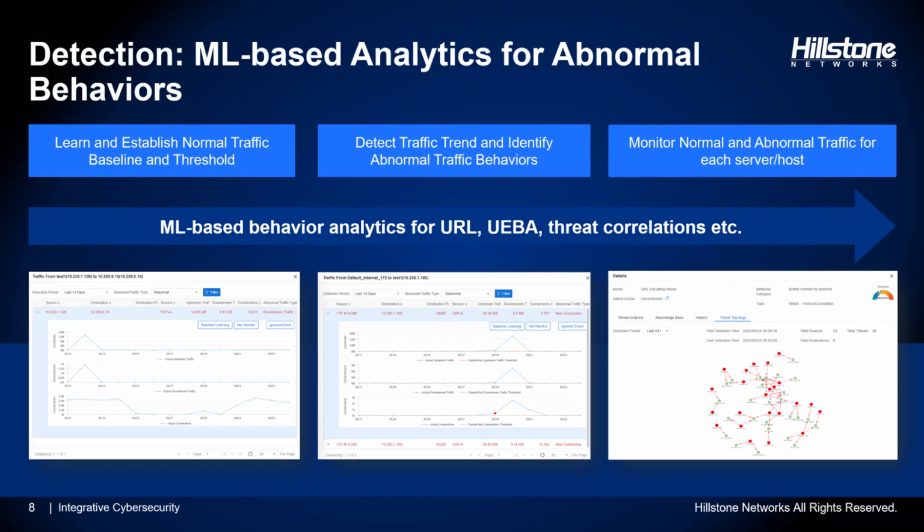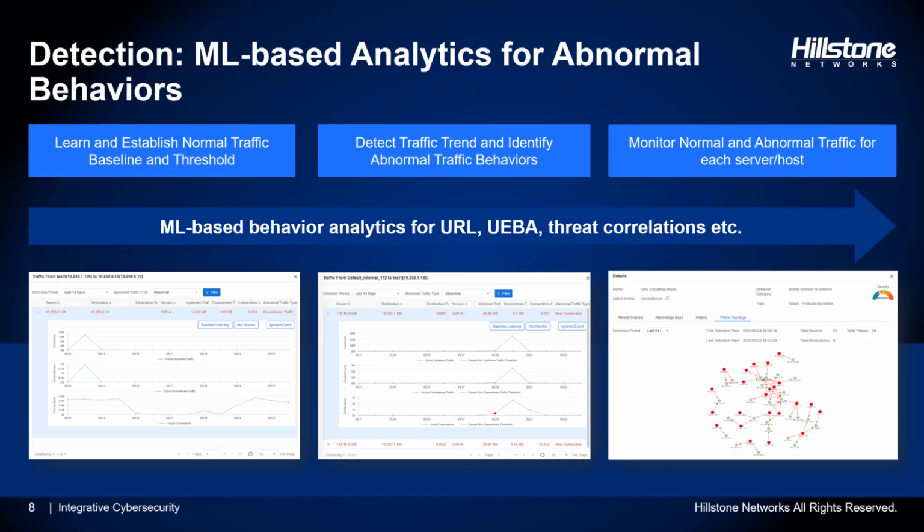Once the baseline is established, our algorithms will continually monitor network traffic in real time. By detecting deviations from the established trends, we can identify abnormal traffic behaviors that may indicate potential security threats.